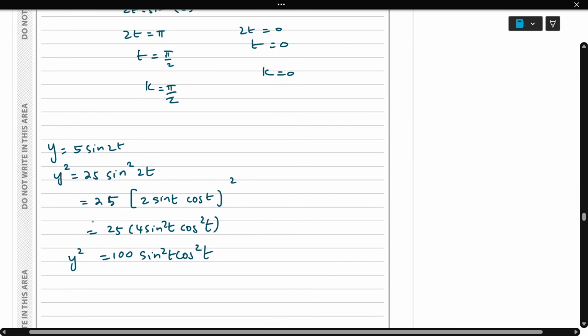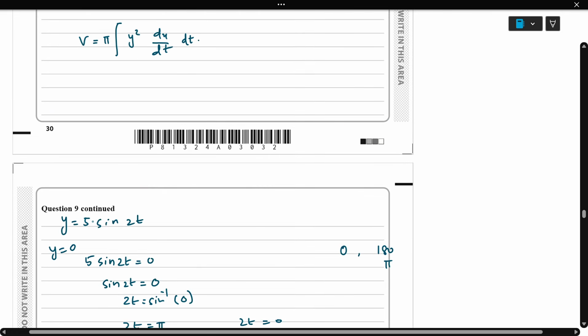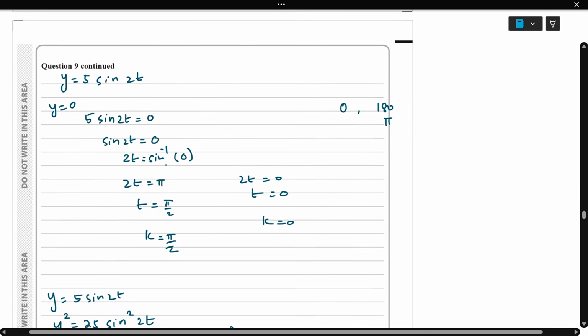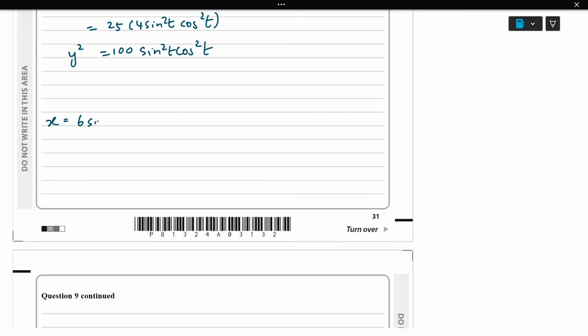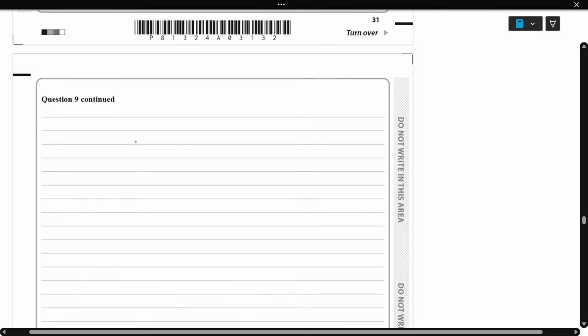Next we need dx by dt also. x equals 6 sin t, so dx by dt equals 6 cos t. Now we have to plug in all the values.